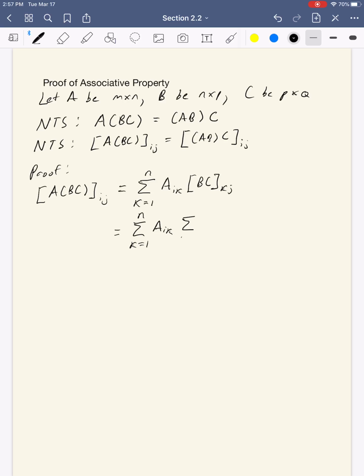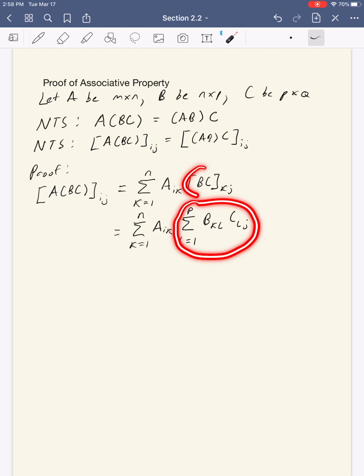We'll use a different index, l equals 1, and it'll run to p this time. And we'll want the kth row of B and the jth column of C. So that'll be b_kl and c_lj.